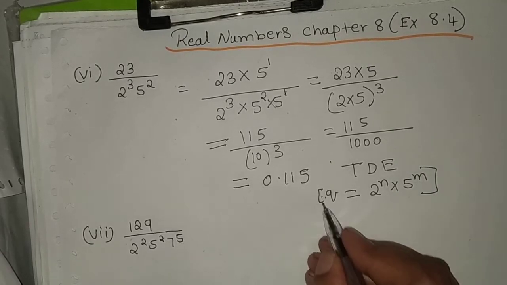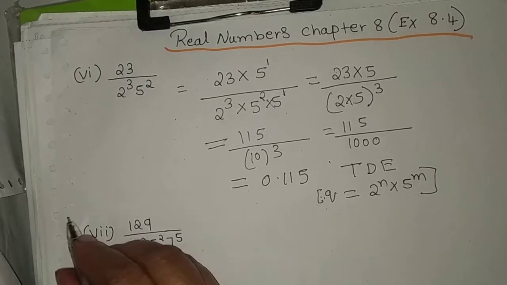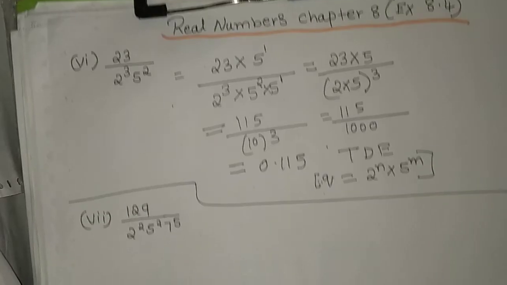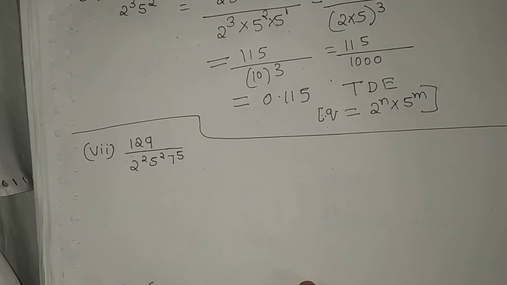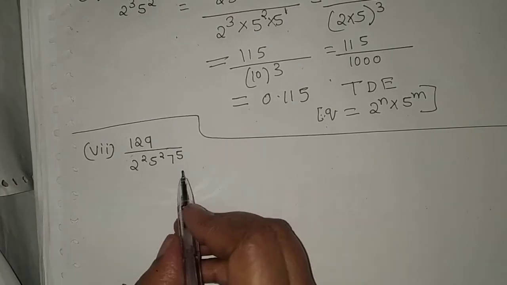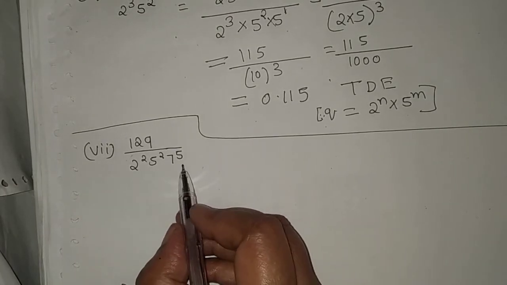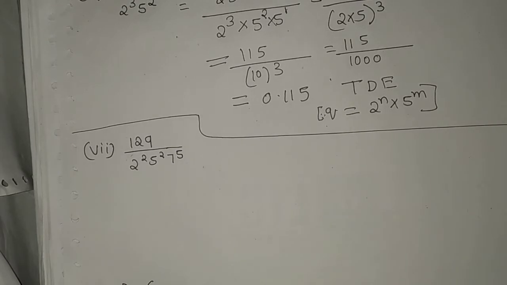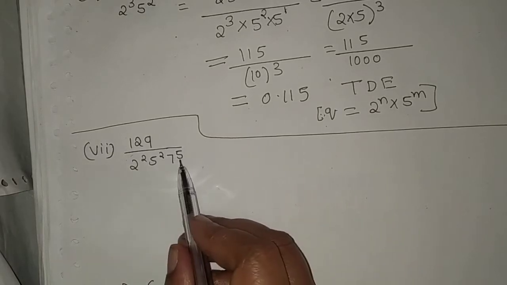So this is the solution for the fifth one. We move on to the sixth problem. Sixth problem they have given, that is 29 by 2 square, 5 square and 7.